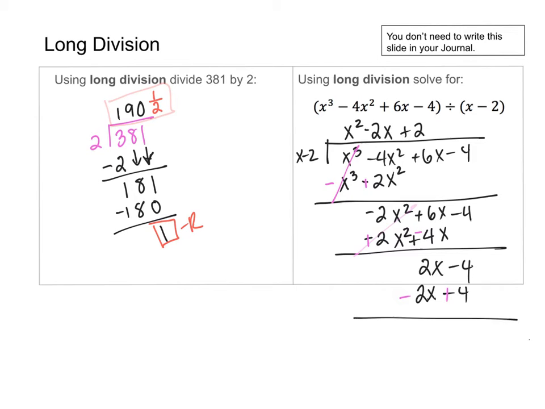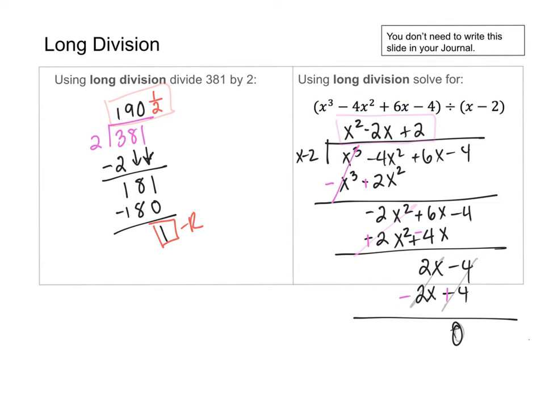So then when you subtract, notice how everything cancels out, like that cancels out, that cancels out. So it looks like your remainder here is just 0. So you don't have anything left over, which tells me that this is your quotient. Like after you divided, you got this from dividing this factor into this polynomial. So you got this expression.